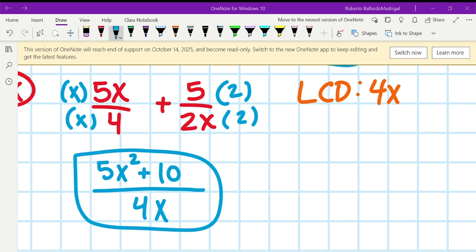You can't. 5x squared and 10 can't combine. Okay, any questions? Yeah, go ahead.